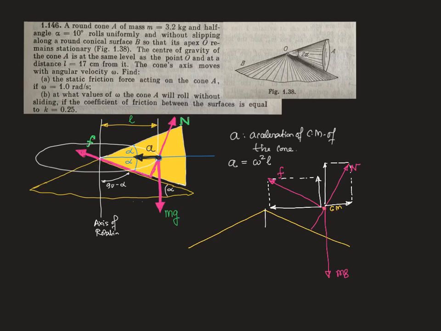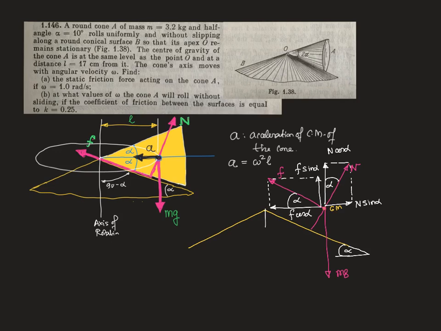So the components of the normal force: this angle is alpha, so this angle is also alpha. So the horizontal component is N sin alpha, the vertical component is N cos alpha, and for friction, the vertical component is F sin alpha and the horizontal component is F cos alpha.